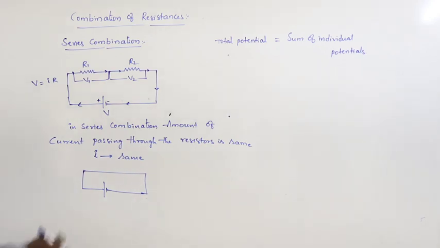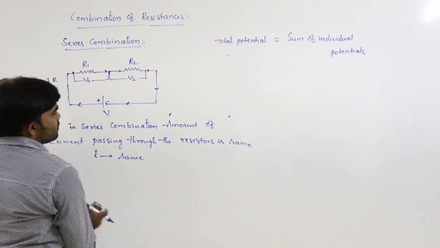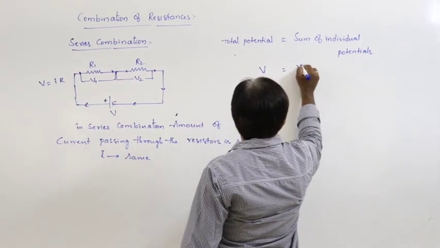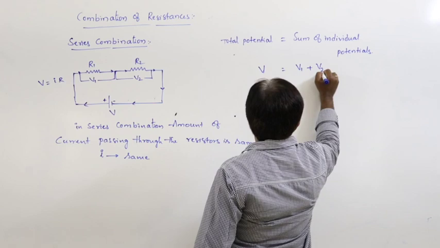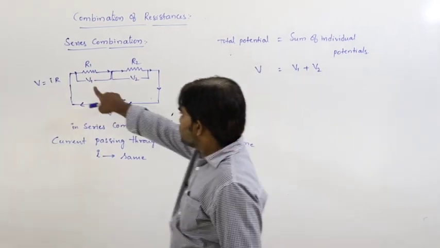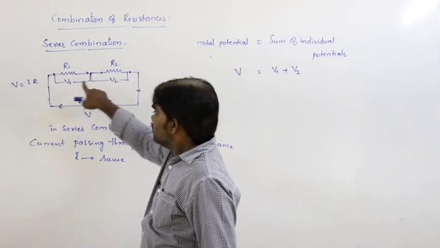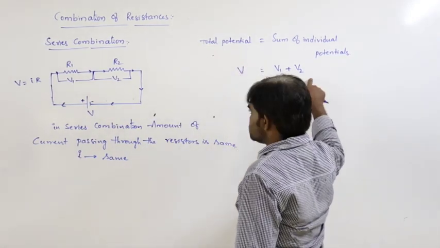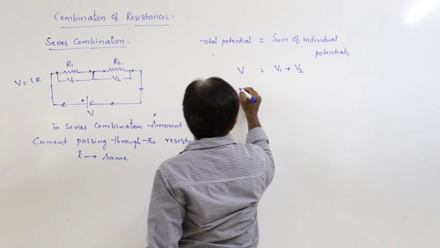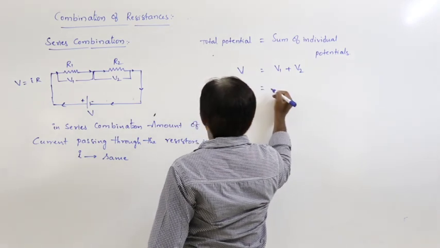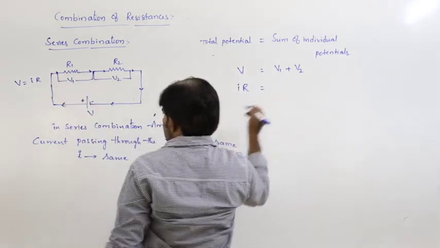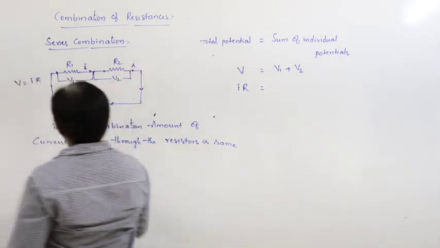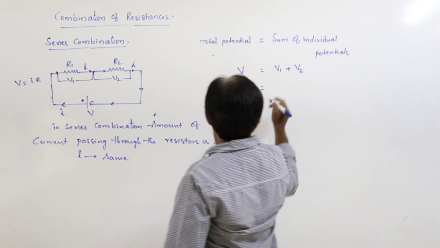Now, total potential is equal to the sum of individual potentials. Total potential is V, individual potentials V1 plus V2. Here the potential across the first resistance is V1, the potential across the second resistance is V2. That's why V equals V1 plus V2. But V equals IR. What is the current that passes through this? The same amount of current passes through this. There is no change in the current.